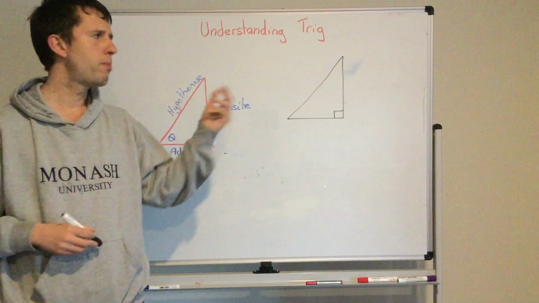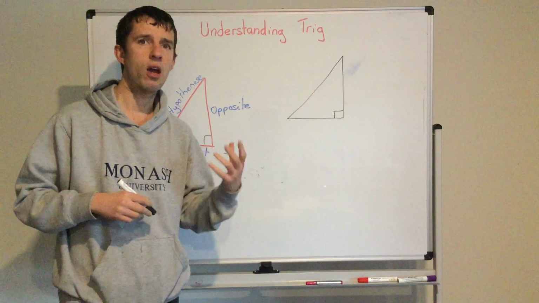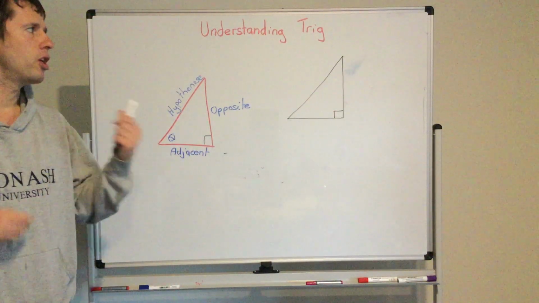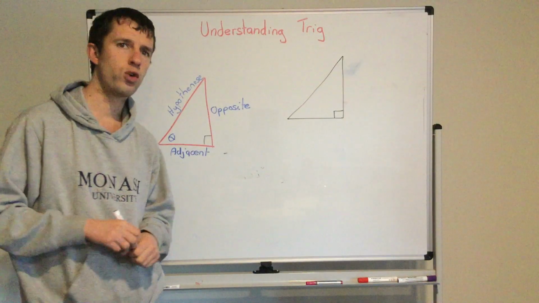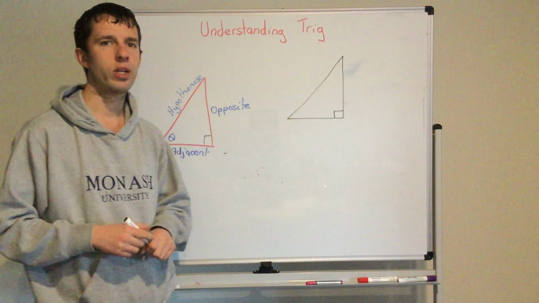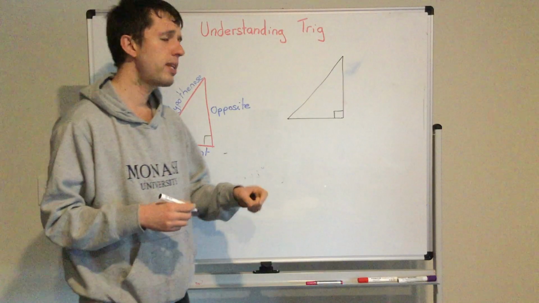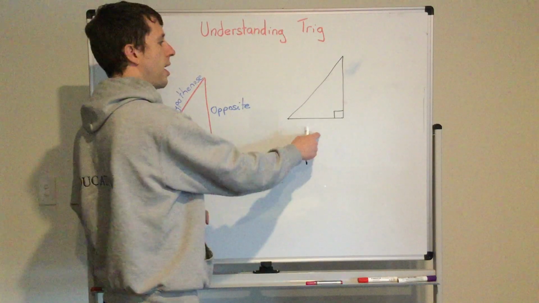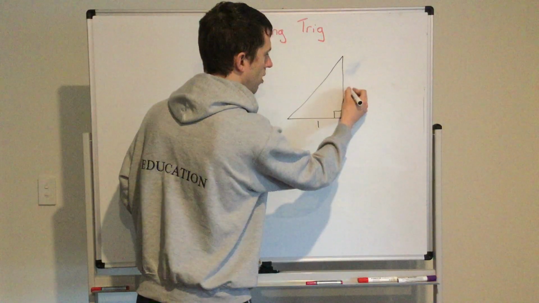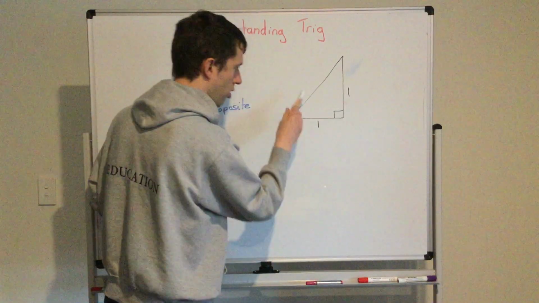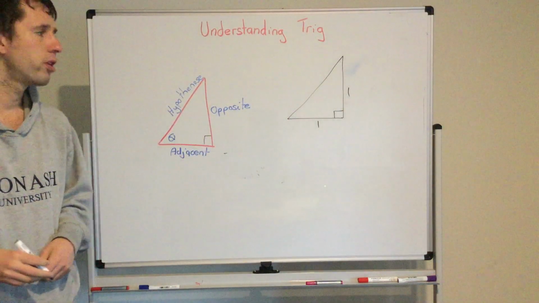So I'm going to be putting an equation up. We're going to work the answers out, and we're going to use our understanding of trigonometry to see how we go. So to start off, I'm going to be using Pythagoras' theorem, because I have to work out the length of my hypotenuse.